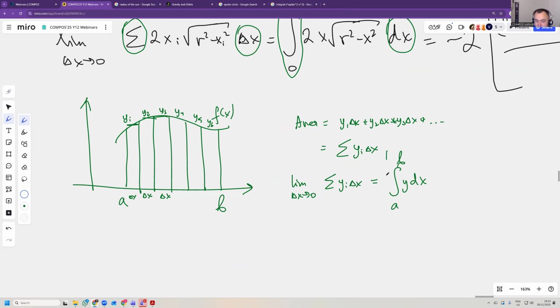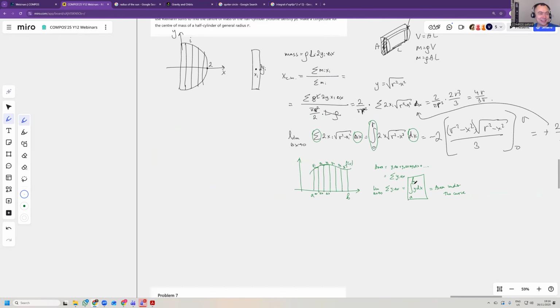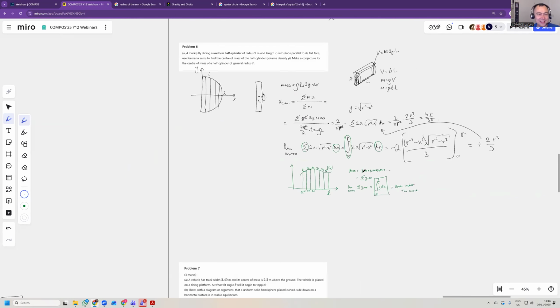And we already know that this is the area under a curve. Right? This integral is the sum of infinitely many, infinitely narrow vertical strips. So yeah, that's quite fascinating. There's a lot of maths here.